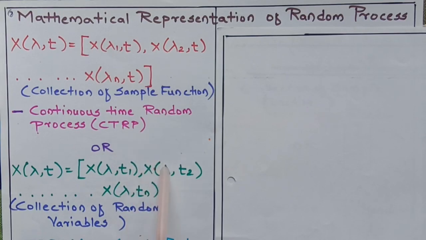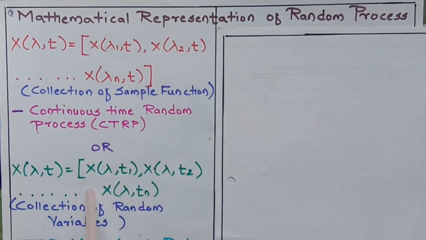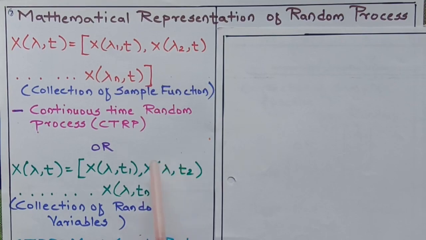Similarly, x of lambda comma t2, t3, which means at a particular instant. Take the example of temperature: you have to measure the temperature at T1, T2, T3 and so on. But lambda here represents the day. We represent the days at T1, at T2, at T3 and so on up to Tn. So this is nothing but your random variable.